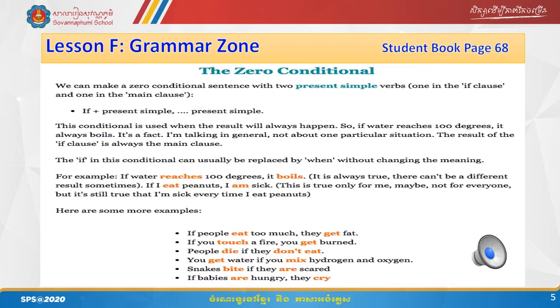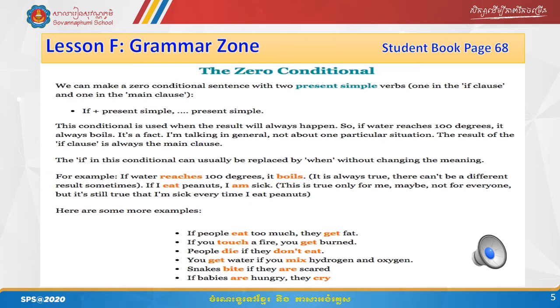Now, the if in the conditional can usually be replaced by when without changing the meaning. For example, if water reaches 100 degrees, it boils. It is always true, there can't be a different result sometimes.